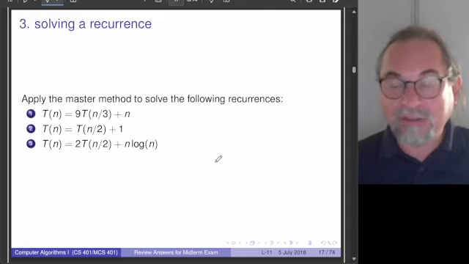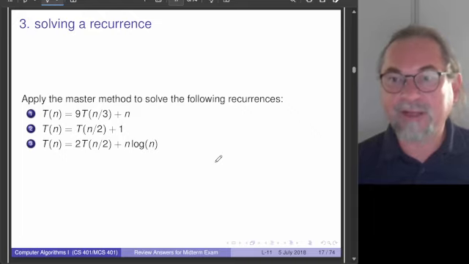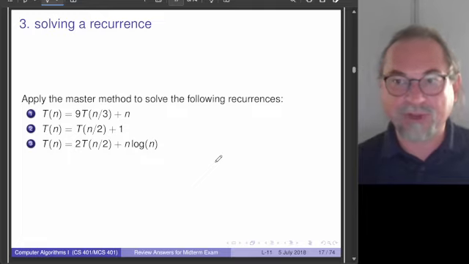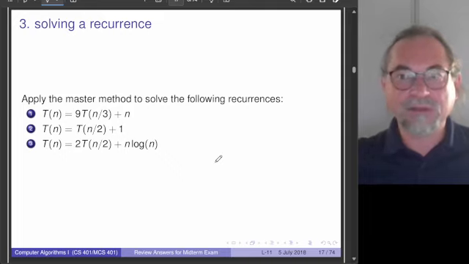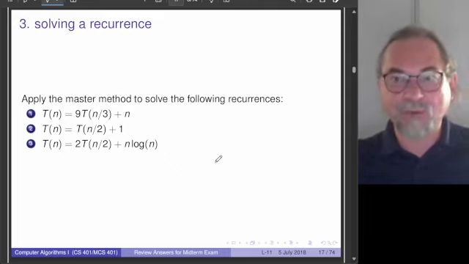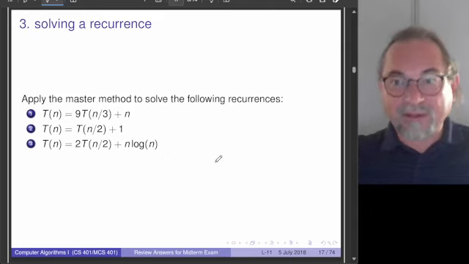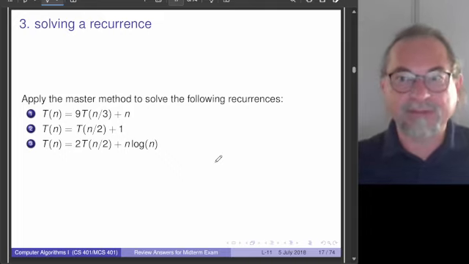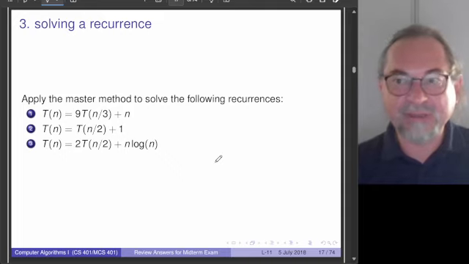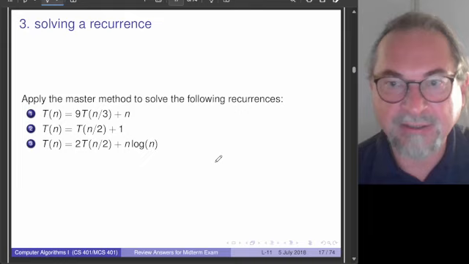When do you need the master method? No, you don't. If you are given a recursion and you want an upper bound, then you may do this just by substitution or by unrolling, as we have done. So that's another variation of the same question. When can you apply the master method? Well, note that you see equalities, and that is necessary.